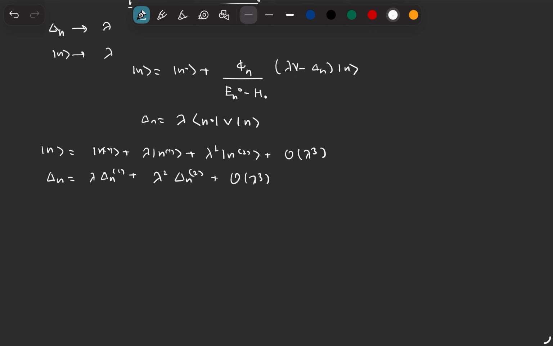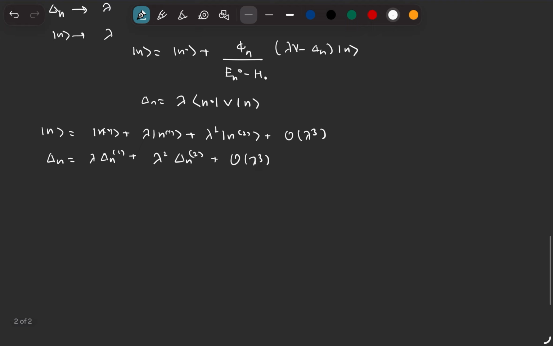Okay, so now let me show you that the order of Λ¹ is Δn1, which is nothing but ⟨n0|V|n0⟩, but just a scattering matrix probably in some sense.